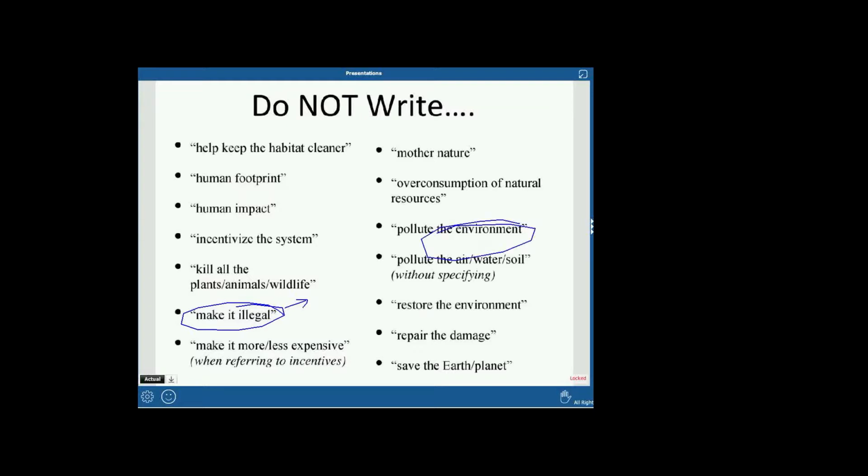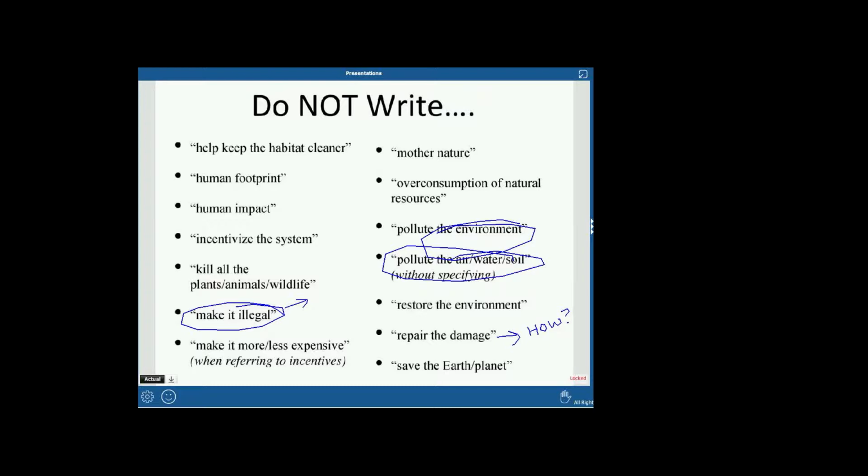Pollute the environment. I see this a lot. Pollute the air, water, soil. I see this a ton. In the salinization discussions, I see we'll just repair the damage. How? You see me do this a lot. I'll write how, or tell me specifically how you're going to do that.